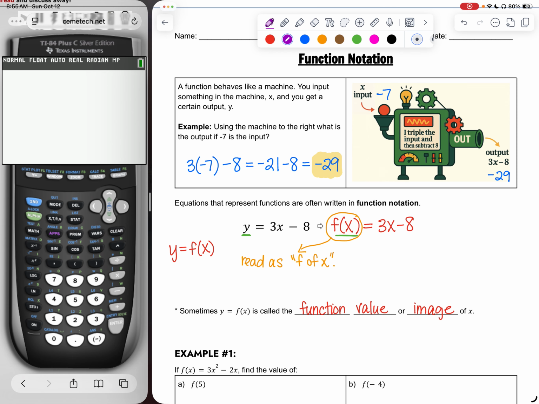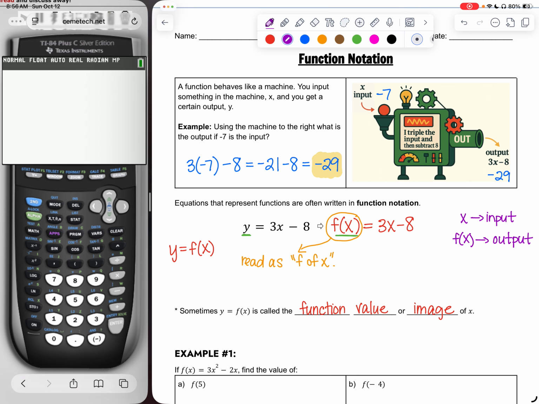And I want to put a little note here that remember that x is your input and f of x is your output. Because remember, f of x and y is your output.